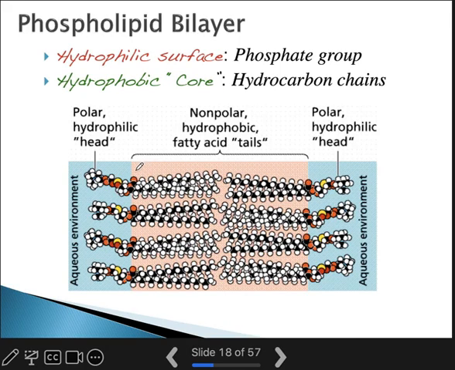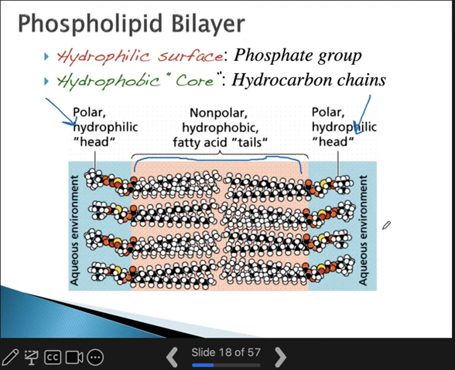So you have a pretty thick area of hydrophobicity across the membrane. And of course we have our polar head groups that form the surface of the membrane, the inner and outer surface of the membrane. So again, we have a hydrophilic surface that orients toward water. We have a very long hydrophobic core formed by the hydrocarbon fatty acid tails of all those phospholipids that are going to self-assemble. They basically twist so that they face away from water.